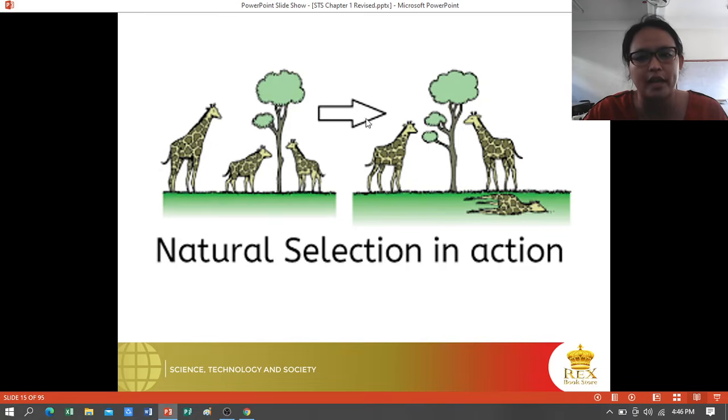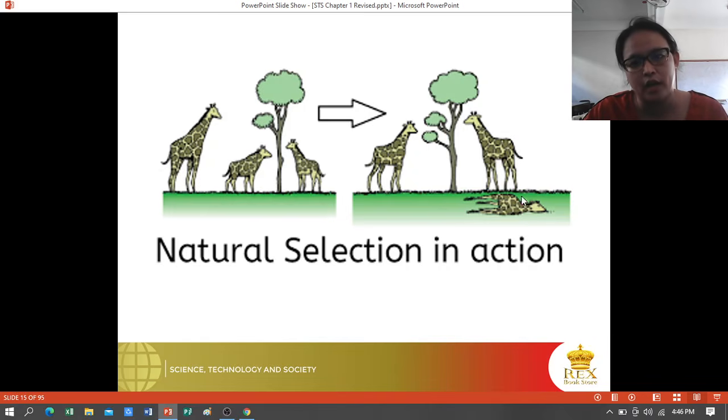So, the adaptation of the giraffe is that all the giraffes that are short, of course, cannot access the food, which is the leaf here in this tree. So later on, of course, without food, it will perish or die.